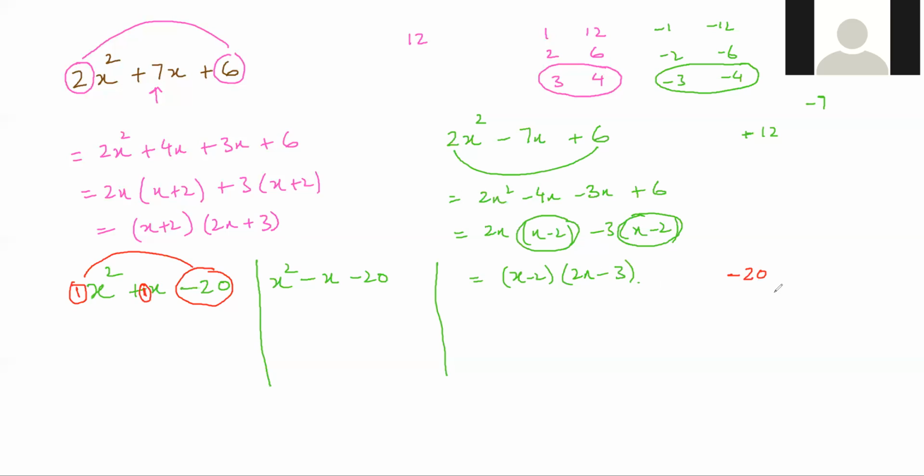Now, when the product is minus 20, remember the two numbers, like 1 times 20: if this is positive, then this should be negative, and if this is positive, then this should be negative. When the product is negative, they should have different signs.